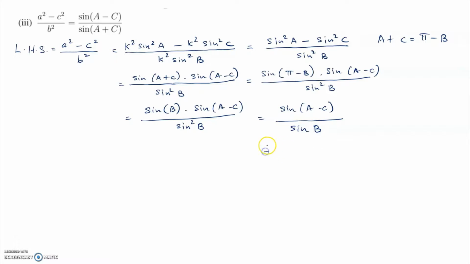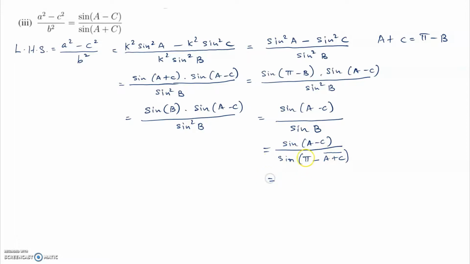Further, we can write, we'll keep the numerator as it is, the denominator sine B as sine (pi minus (A plus C)). I am putting a line here, which means these two are within brackets.